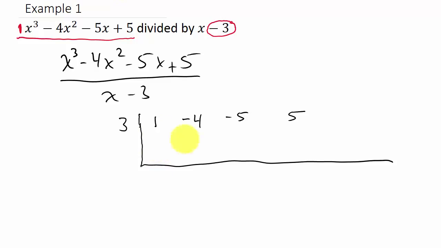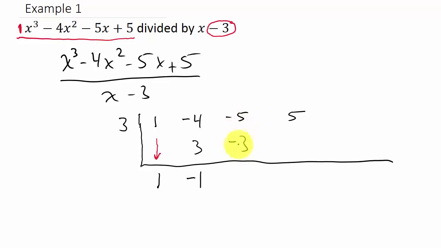What we do is we bring the first term down. So there's our 1, and then we multiply. 3 times 1 is 3. This 3 times this 1 gives us 3. And then we add. So -4 plus 3 is -1. Then we multiply the 3 times the -1, which is -3, and then we add.